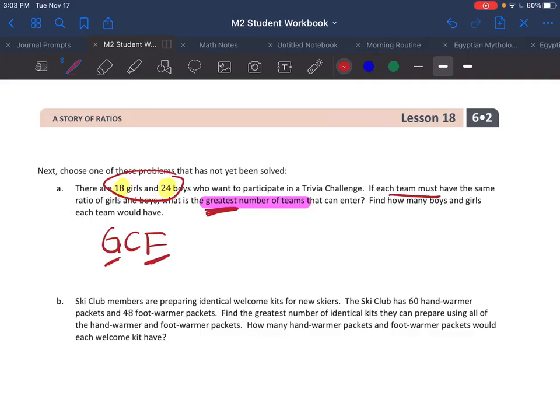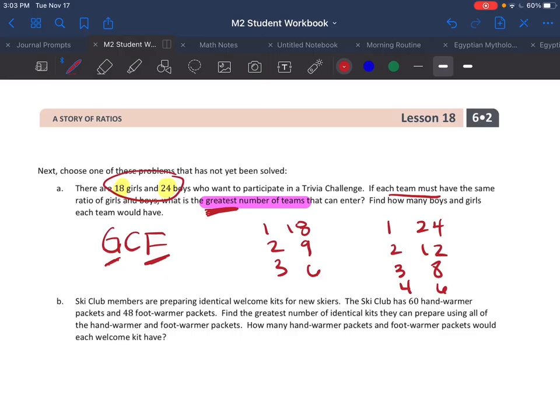So now I know I'm going to find greatest common factor, and I can do that different ways. I can just take the factors of 18 and write them out. 1 times 18, 2 times 9, 3 times 6, and I can do that for 24. 1 times 24, 2 times 12, 3 times 8, 4 times 6.